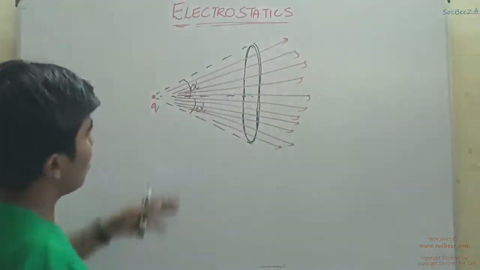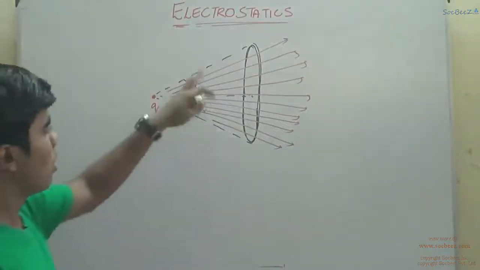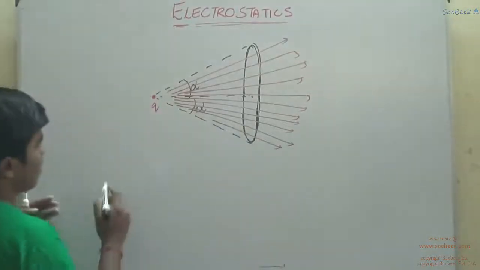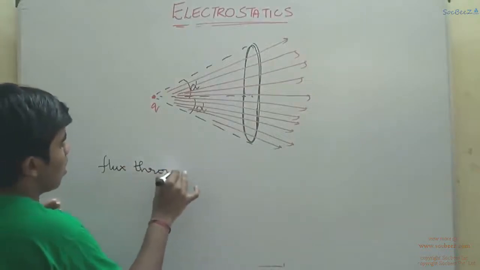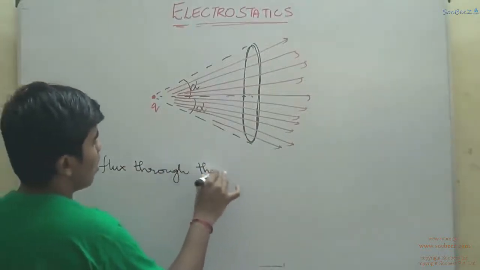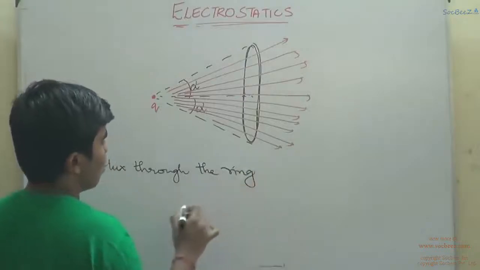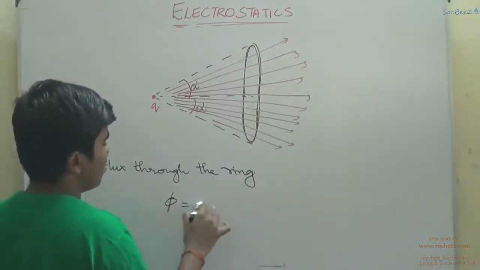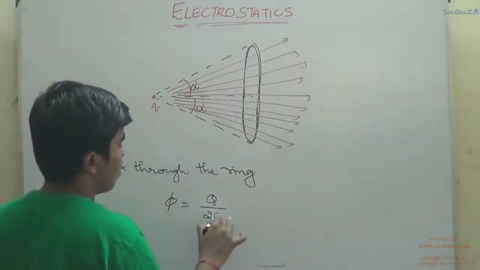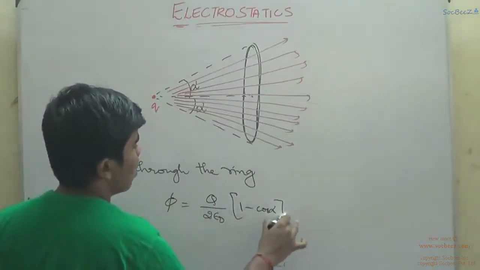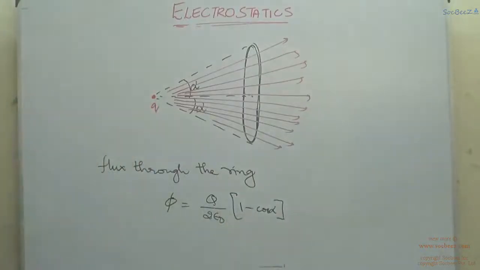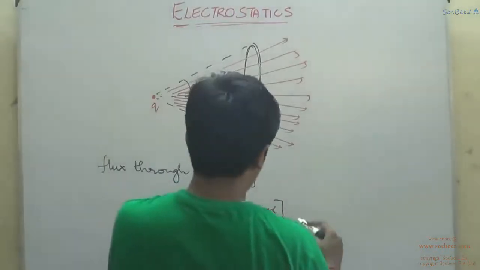So the flux through a ring phi is equal to Q by 2 epsilon naught times one minus cos alpha. This is a very important formula which will be used to solve many of our questions.